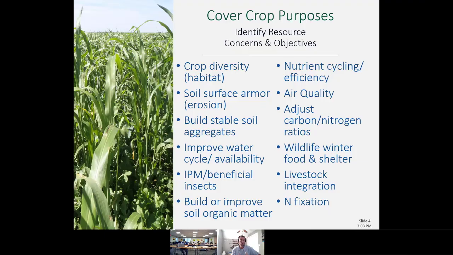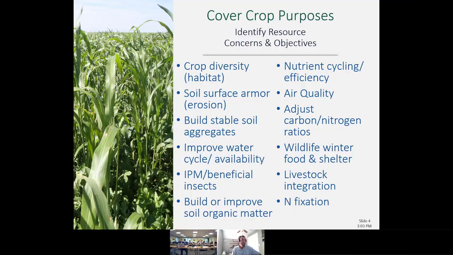Of course, cover crops could be utilized to put surface residues down to armor that soil surface to where we could help alleviate the resource concern of additional erosion. Of course, when we have these living roots from these cover crops, we're able to build more stable aggregates. We created that habitat for that soil biology, and with the roots also being in place, we're going to be able to increase that aggregate building opportunity.